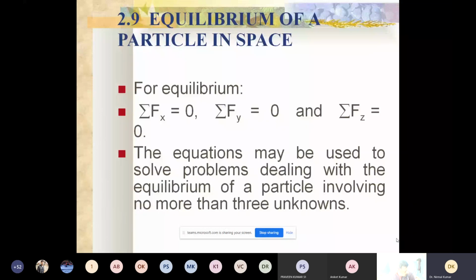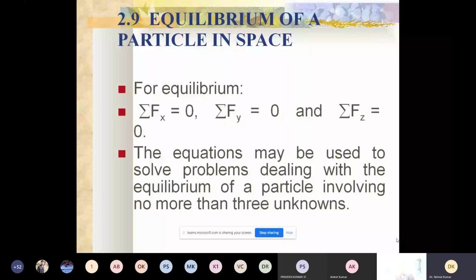And finally, the equilibrium conditions: what are the basic equations of equilibrium? Summation of force in x direction, summation of force in y direction and summation of force in z direction will be 0 for solving any type of problem.